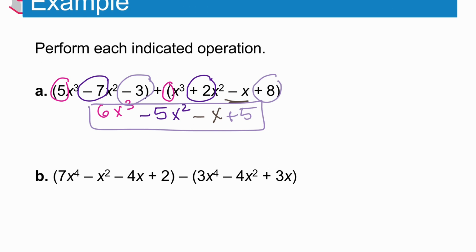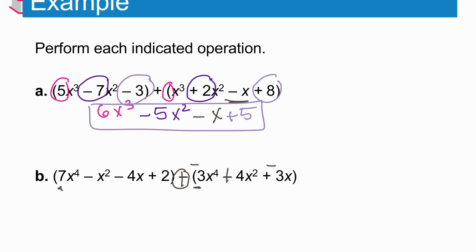And then here we would have 7, and we would distribute this negative, so this would be negative, this would be positive, and then this would be negative. That's how I would think of a negative: I would first distribute it to everything, and that way you won't forget.